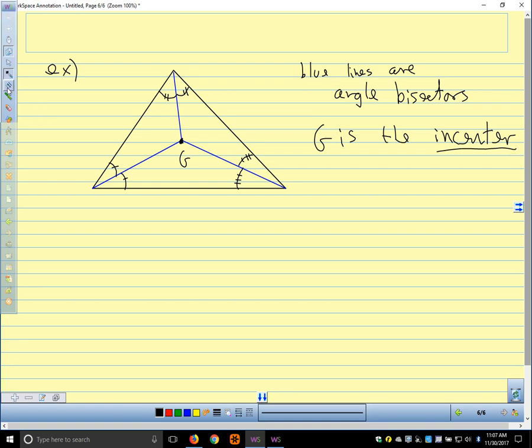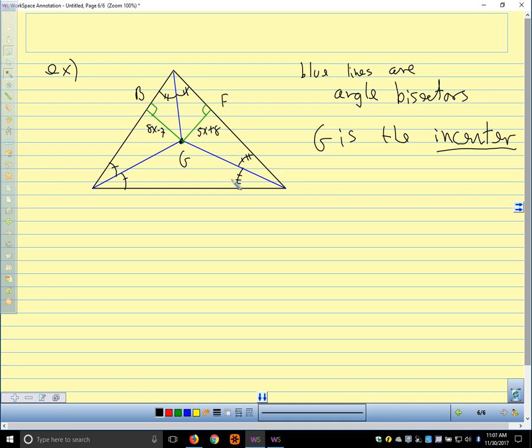So now if I had a problem that looked like this, and this was point F, and this is point B, and this is 8x minus 7, and this is 5x plus 8.